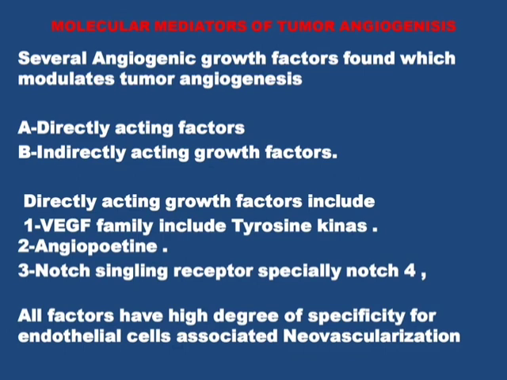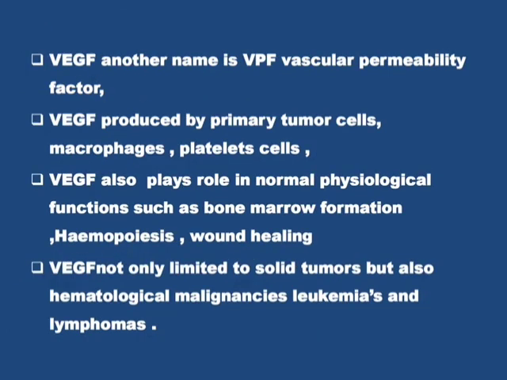I mean the neovascularization of lymphatic vessels is done by type 3, and type 1 is directly responsible for blood vessel angiogenesis. The vascular endothelial growth factor is a protein with vascular permeability activity that is secreted by the tumor cells. So what is Notch4? It is basically a transmembrane receptor expressed primarily on the endothelial cells of blood vessels.